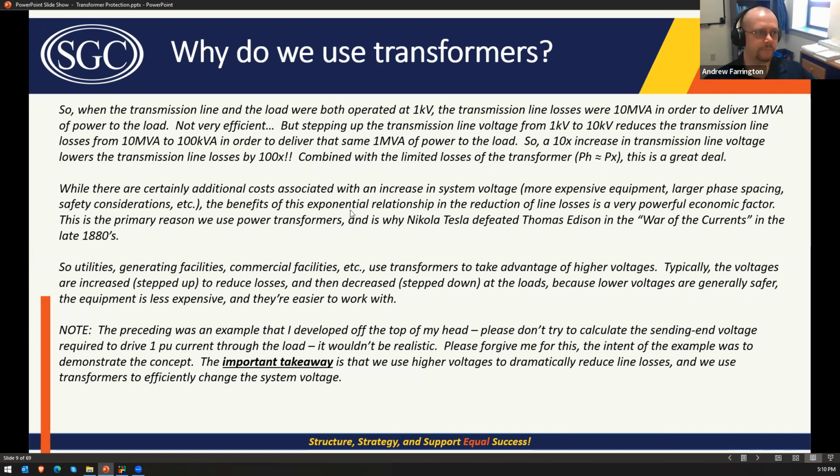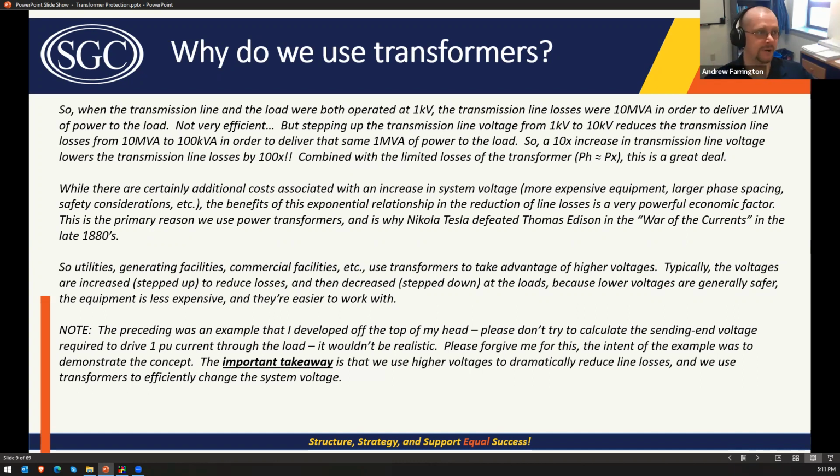There are costs, obviously, with increasing the voltage of the system. You have more expensive equipment. You've got larger phase spacing, which means you need a bigger area in order to put your substation, taller transmission lines, bigger bushings. There's safety considerations with this bigger equipment where you need more space.